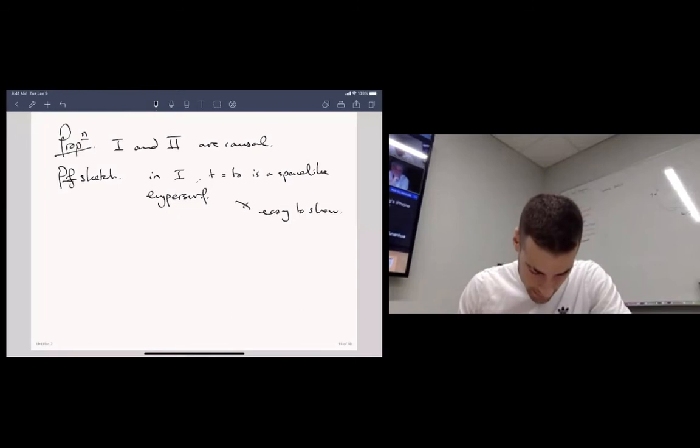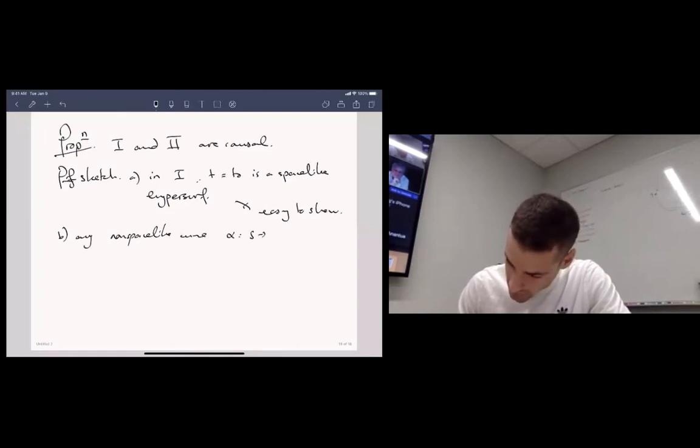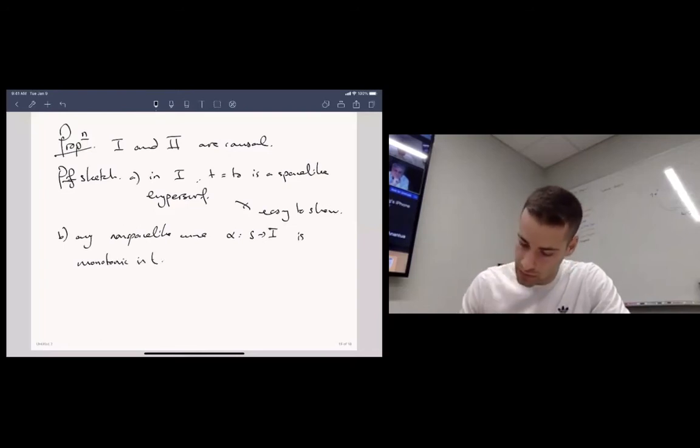So that's step 1, if you like, and then step 2, any non-space-like curve, say alpha from some S to I, this is region 1, is monotonic in T, and therefore there's no closed causal curve.